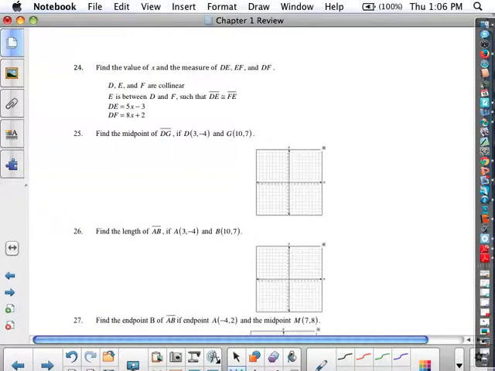Okay, let's move on. We are now looking at D, E, and F are collinear. So there's D, E, and F. E is between D and F such that DE and EF are congruent. Therefore, they are equal.